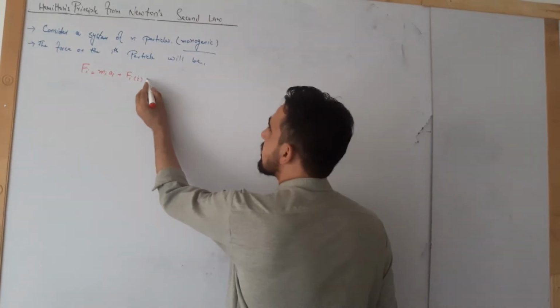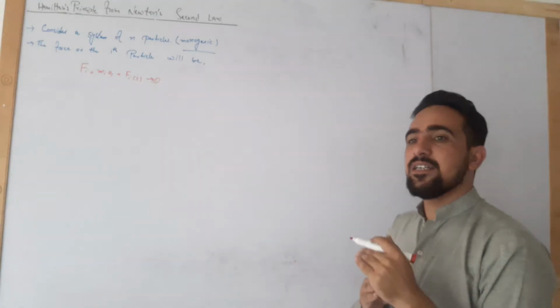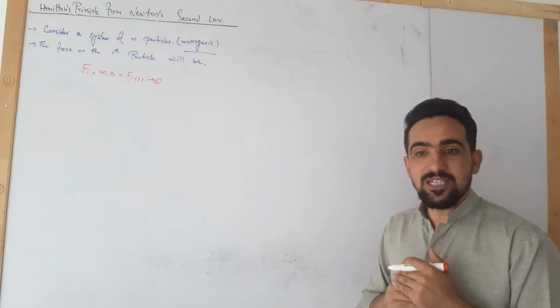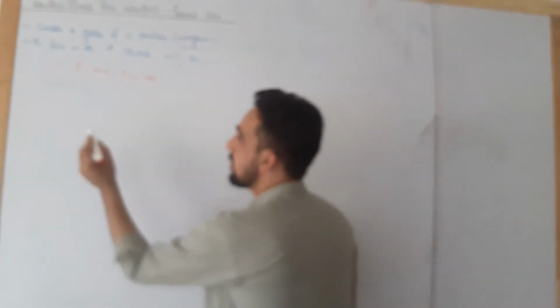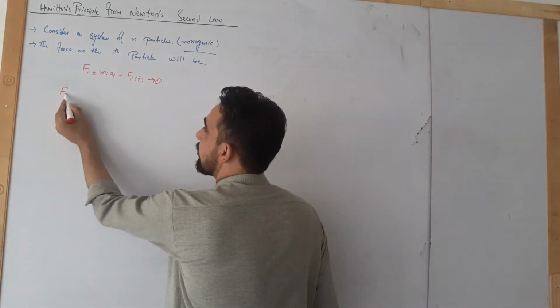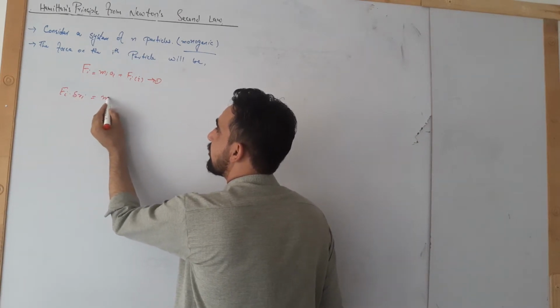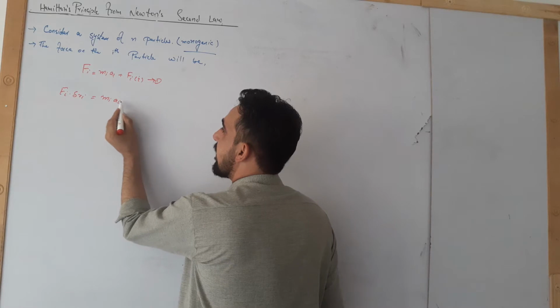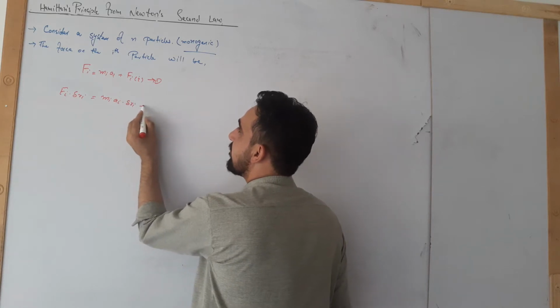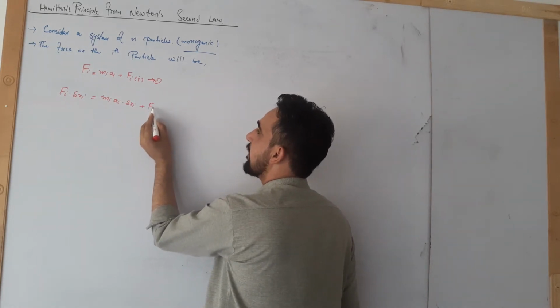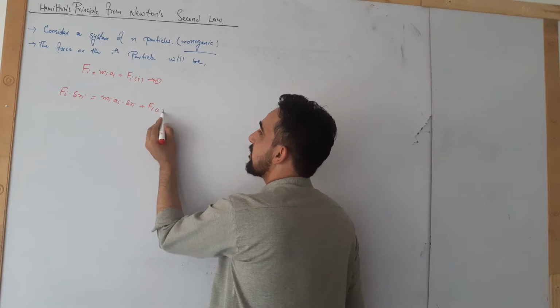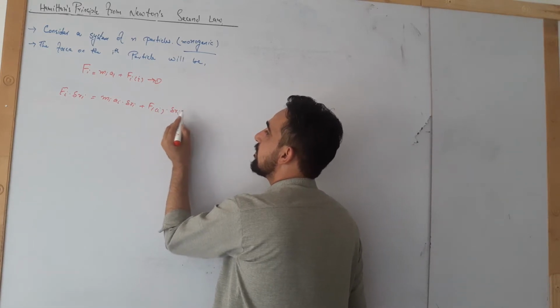Let us call this equation number 1, and by taking the dot product of this equation with the virtual displacement del Ri, it gives us Fi dot del Ri is equal to Mi Ai dot del Ri plus Fi internal force dot del Ri.